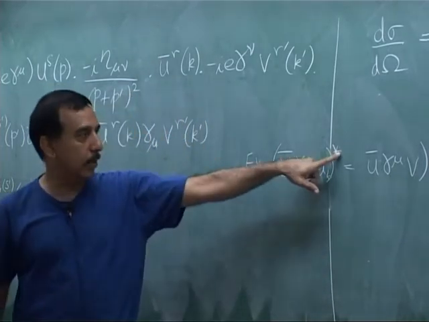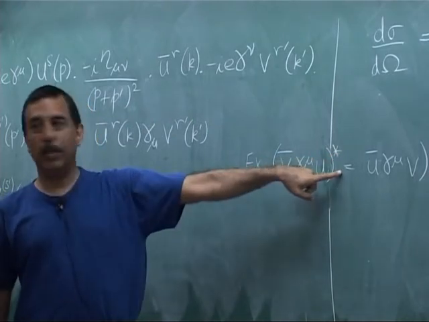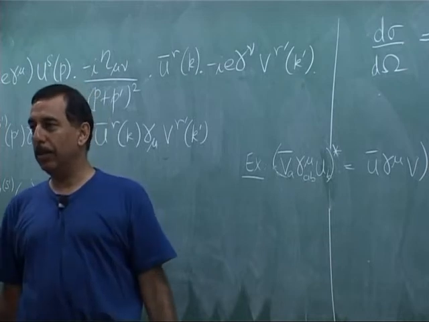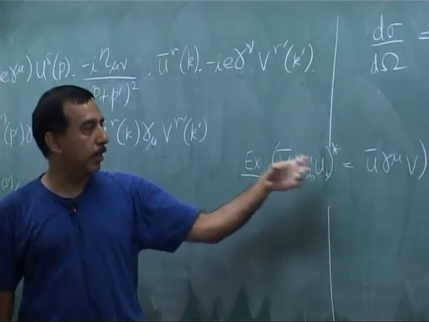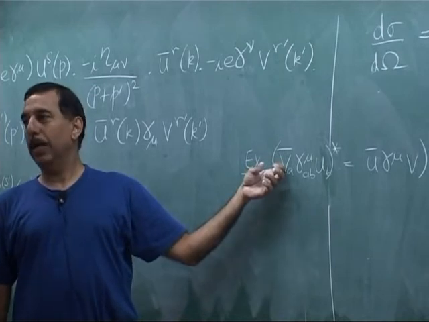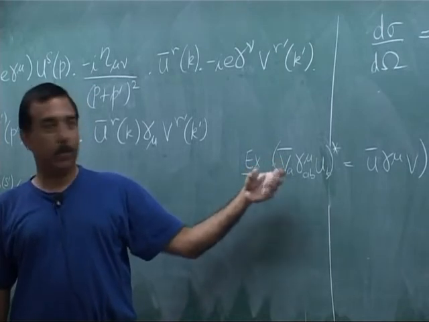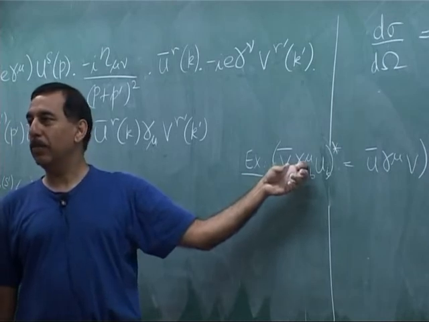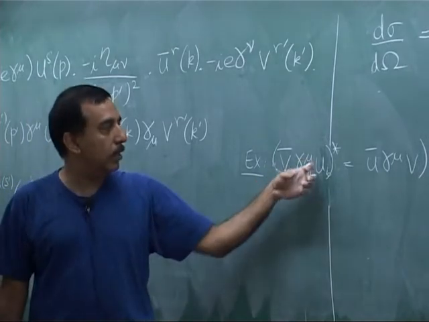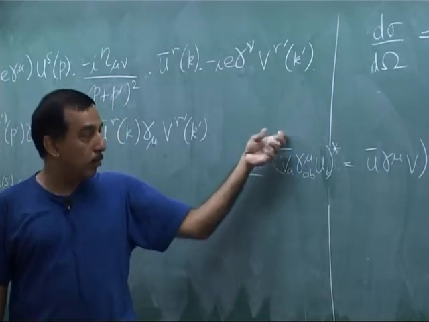Now, when you take the star of a quantity which is made by multiplying lots of vectors and matrices, you can write it as U dagger, gamma dagger, V bar dagger, okay, which would waste a lot of your time, because as you know, gamma dagger has no simple relation to gamma. It's sometimes plus gamma and sometimes minus gamma. But you can also write it as U bar, gamma bar, V bar bar.